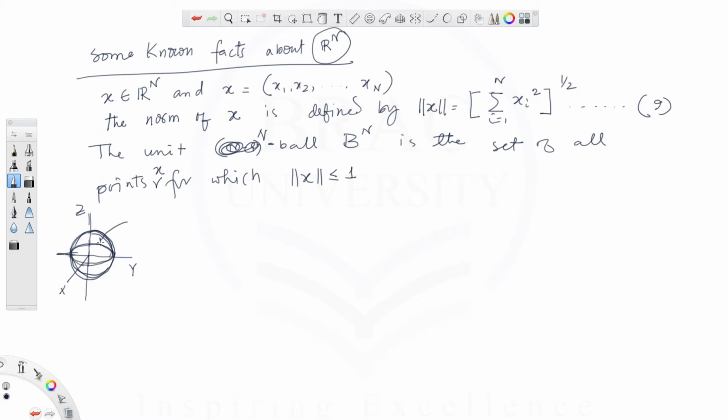So this is B3. It contains the boundary as well. Everything inside the ball, including the boundary, is called B3, or the 3 ball.